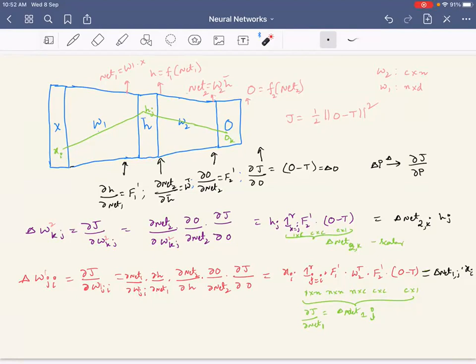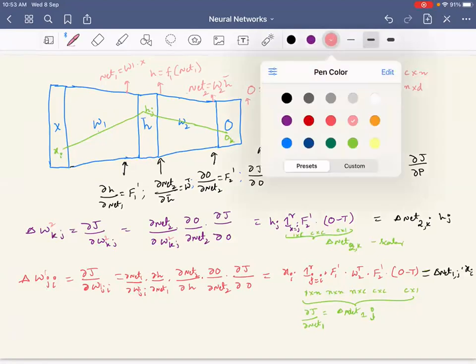If you want to update the weight elements of all of W1, if I want to write delta W1 Ji, how do I go about it? First of all, why do we need delta W1, delta W2? Why do we need this?